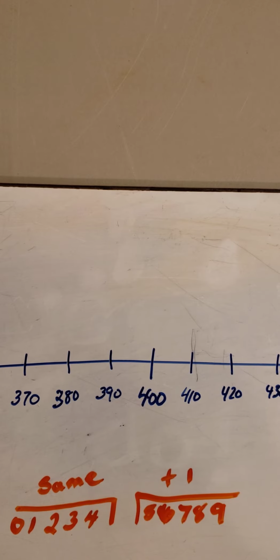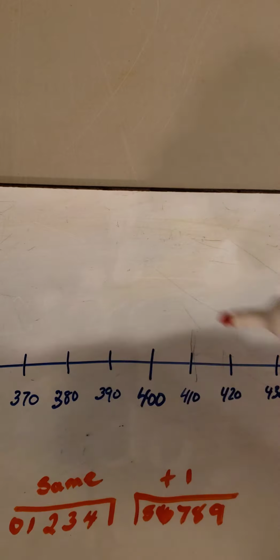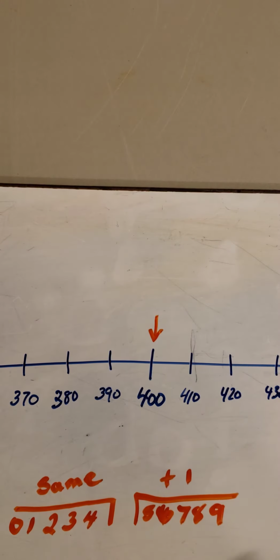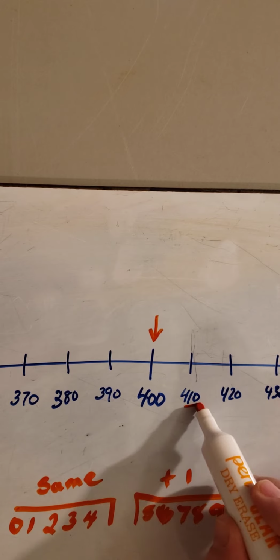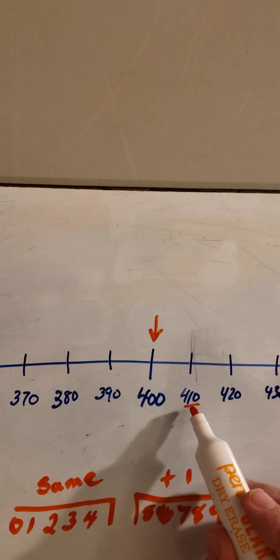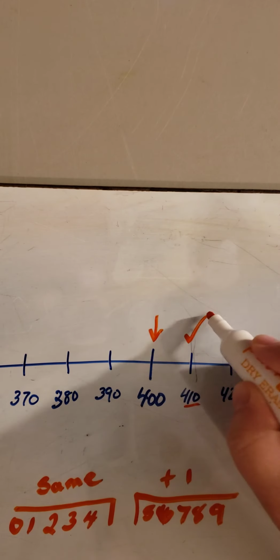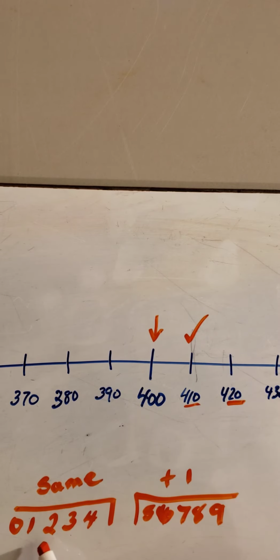So this is my starting place. And I need other numbers that are still going to equal 400 if I'm rounding by the tens place. Well, let me look at 400. There's a 1, okay, so the 4 would stay the same. That's going to work. Okay, 2.